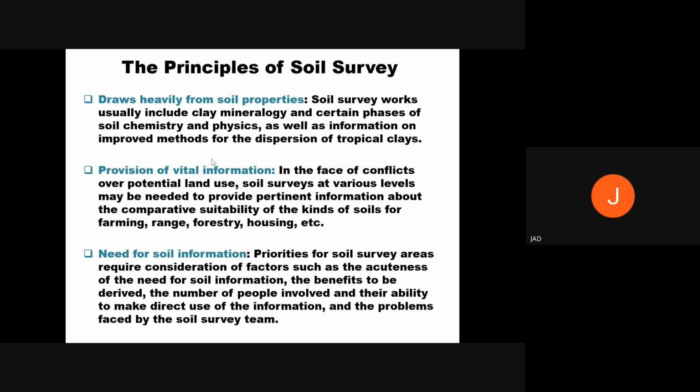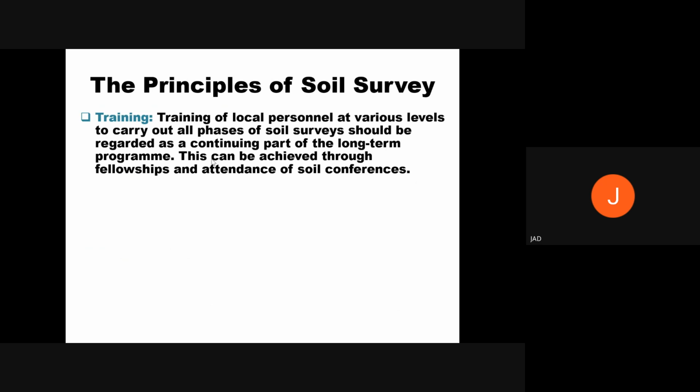So the benefit to be derived, the number of people involved, and the ability to make direct use of the information, and the problems faced by the soil survey team. So these are things that you have to consider as part of the principles of soil survey.